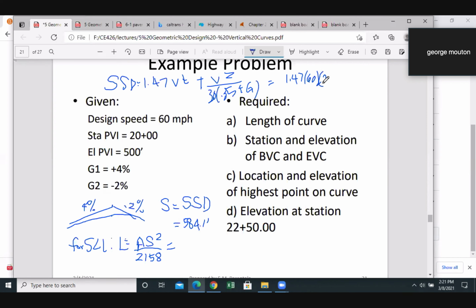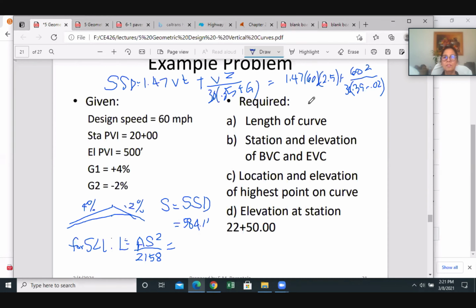Don't forget the 2.5 here. That's the time. And plus 60 squared over 30 times 0.35 minus 0.02, because that's the critical one.